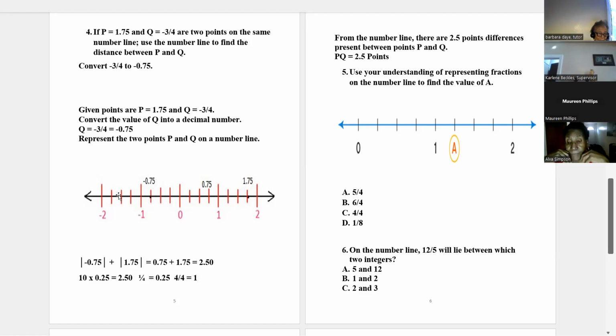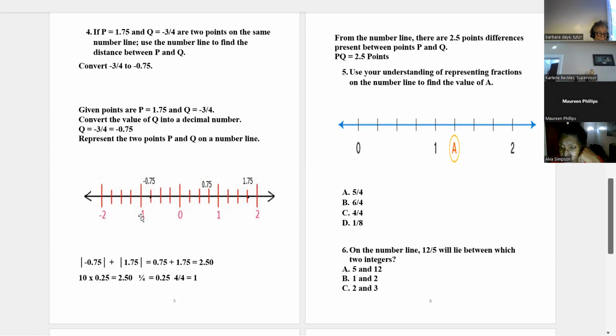Okay, Alva, what is this point right here? I'm on the negative side, between -1 and -2. Midway. What is that point right there? No, each one of these is a fourth.